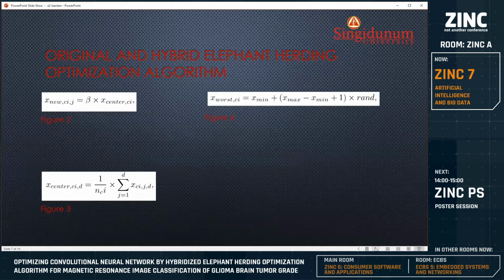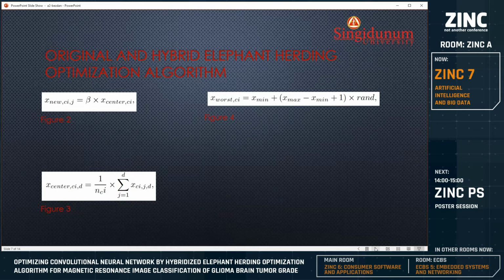Further looking at figure 2, x new ci,j is the new position of the individual j in the clan ci, and x best ci denotes the currently best solution in the observed clan ci.